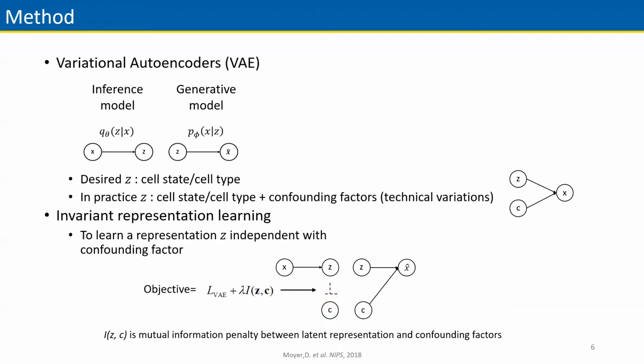So intuitively, we want the invariant representation Z to reflect the intrinsic cell states and not be affected by technical variations, such as sequencing depth and batch effect. We achieve this by adding an extra penalty on mutual information between the invariant representation Z and the confounding variable C.